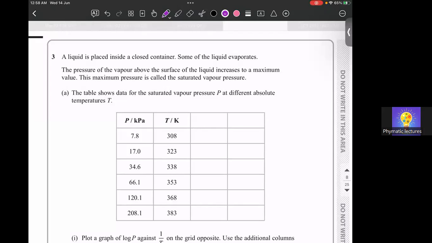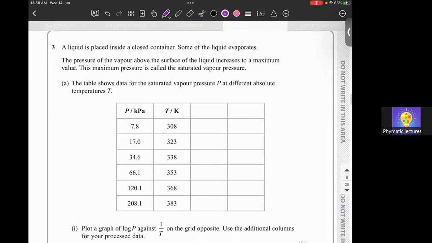The table shows data for the saturated vapor pressure P at different absolute temperatures. Plot a graph of log P versus 1 over T on the opposite grid. Use additional columns for your processed data.